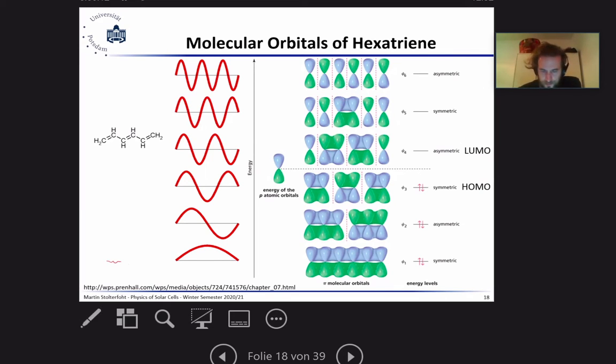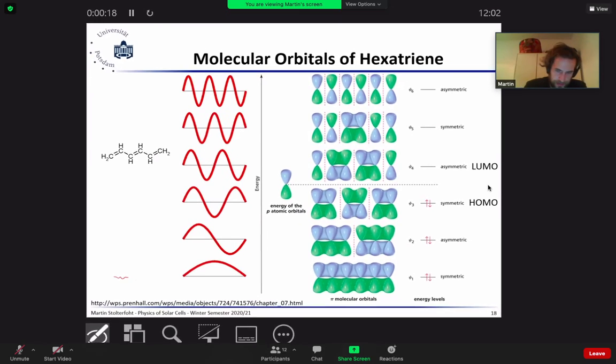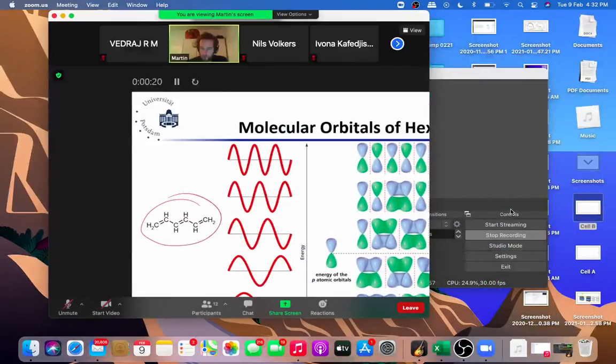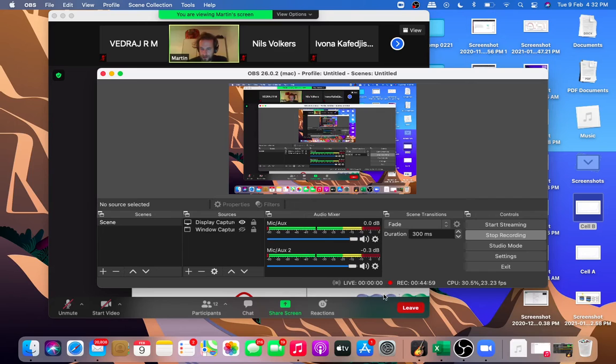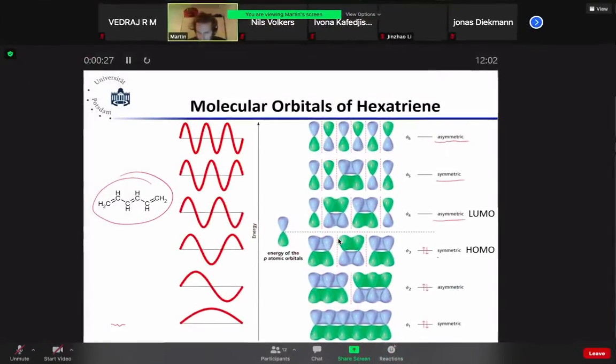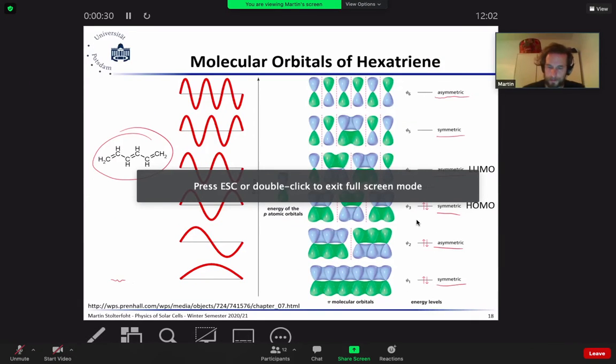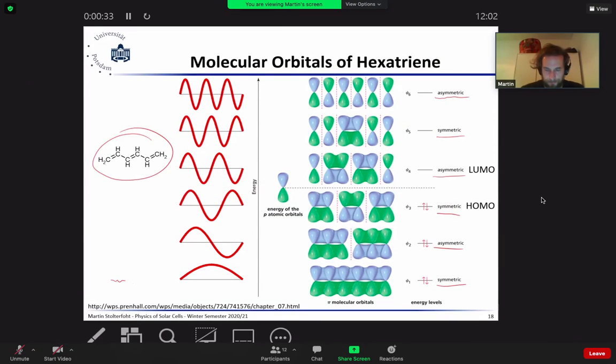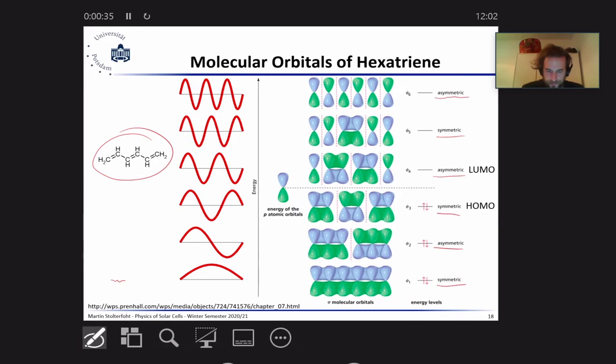So the antibonding molecular orbitals, in case of this hexatriene, they are not always asymmetric. As you see, asymmetric, symmetric, asymmetric. Again, here, symmetric, asymmetric, symmetric. Nevertheless, this has a higher energy than this one. So does anyone know the answer?